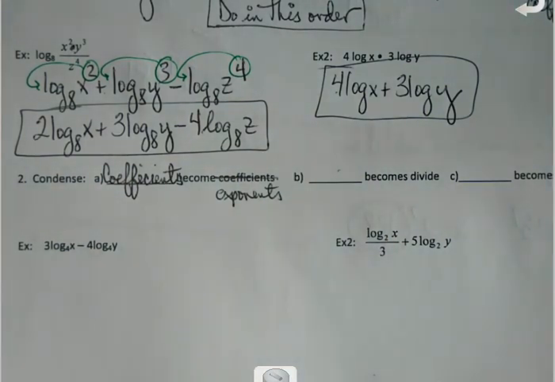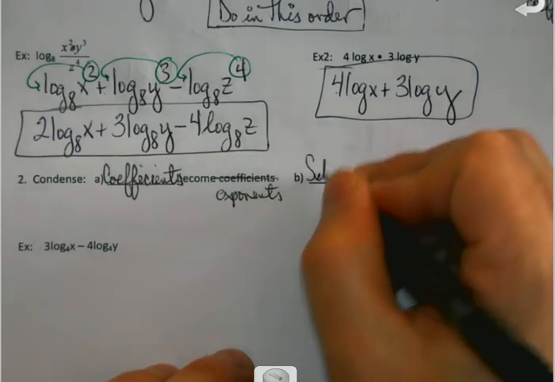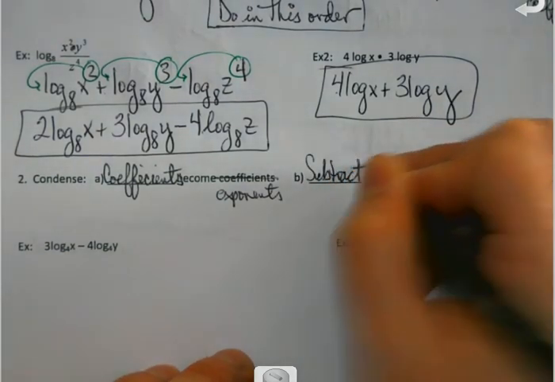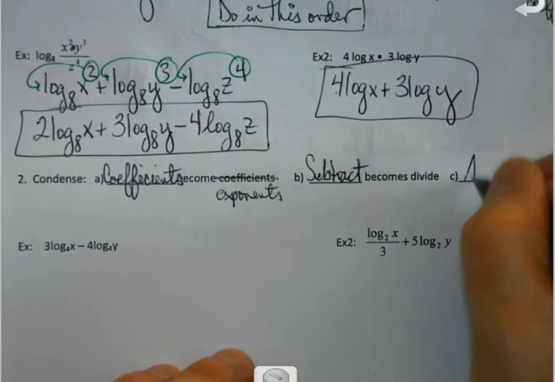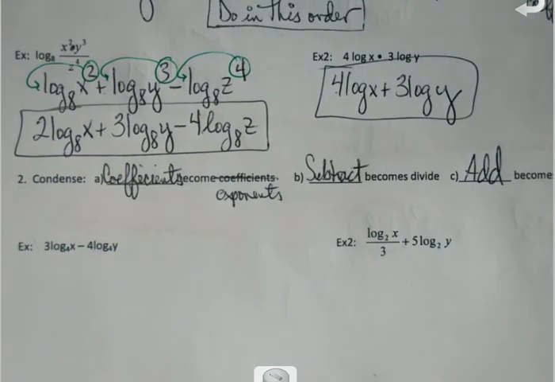Coefficients are going to turn back into exponents. And subtract is going to turn back into divide, and add is going to turn back into multiply. So it's exactly the opposite of everything that we just got done doing up in the expansion.